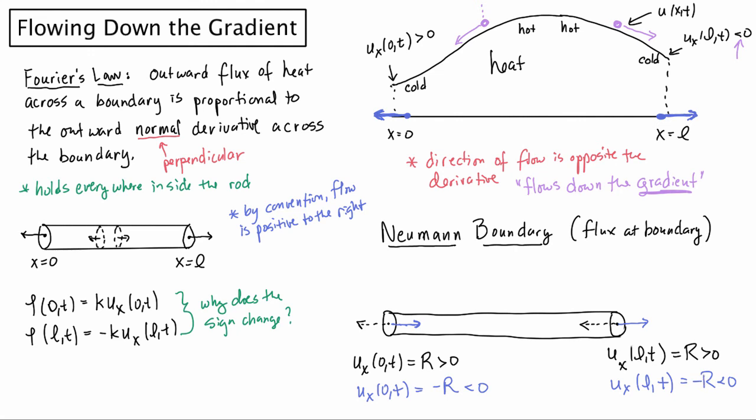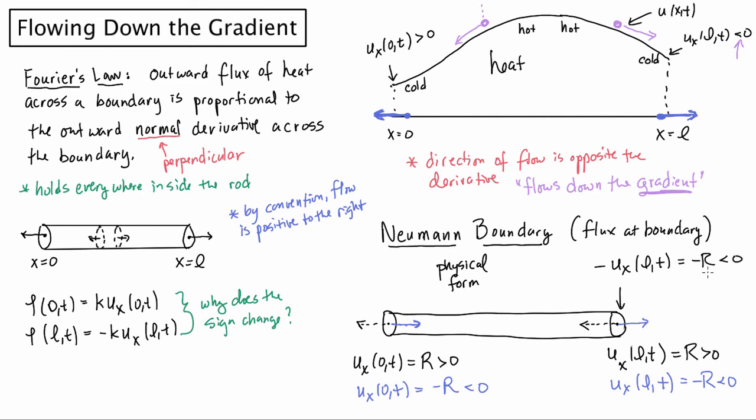And in particular, one thing I want you to note is a lot of texts will use what's called a physical form. So if you talk about the physical form of the Neumann boundary condition, then over here at the right endpoint, it would be minus u_x(L,t) = minus r, where this side is less than 0.